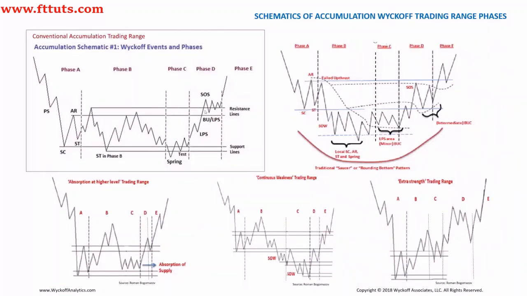And then also look into this schematic, or schematics rather, and print those out as well, and try to identify as you go through the homework what kind of range you have there. Is there extra strength or extra weakness? Is there some specific formation that you see in your homework? And that would be the best.